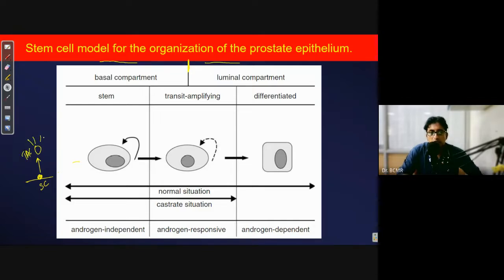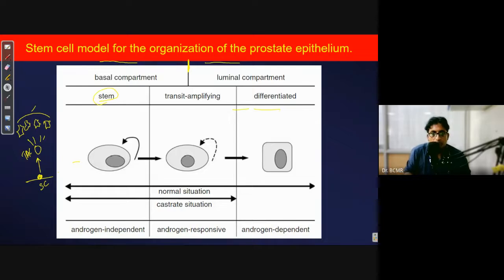They proliferate rapidly, and eventually they give rise to terminally differentiated cells, right? So the basal compartment apparently has the stem cells, which will now and then divide and give rise to differentiated cells like this.